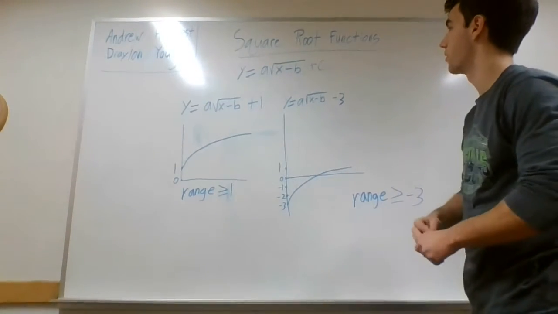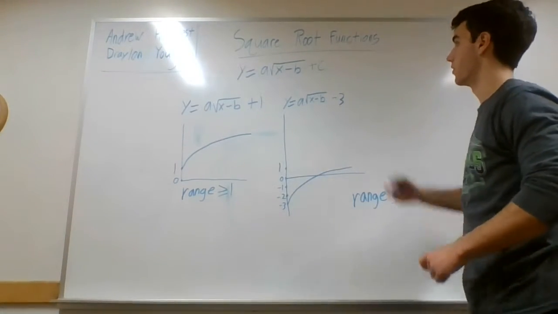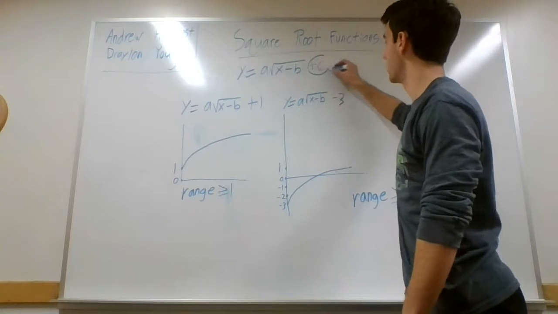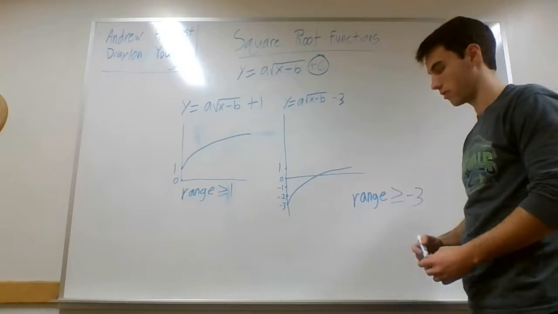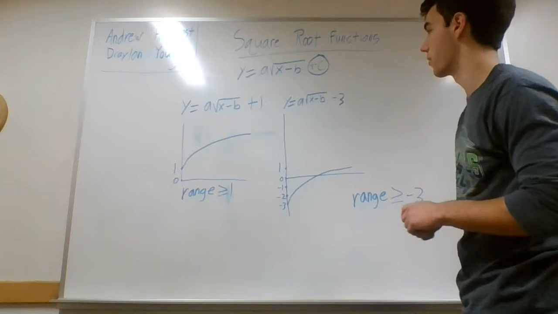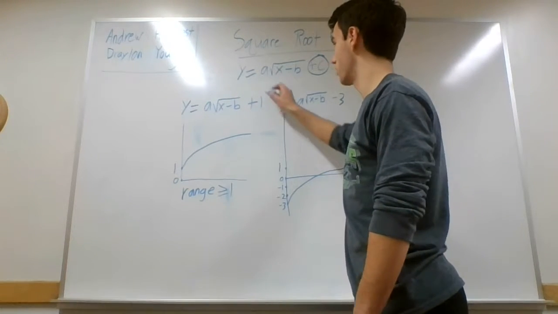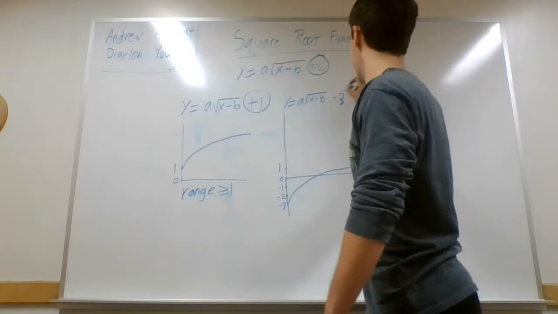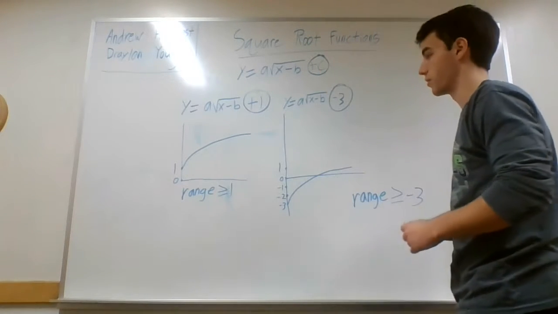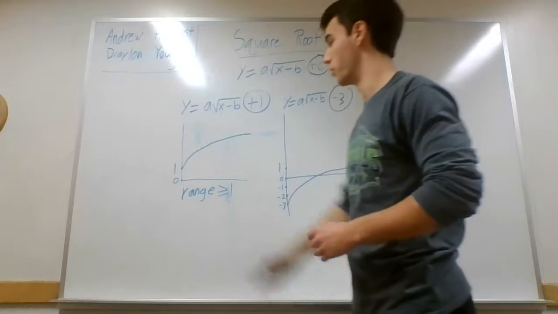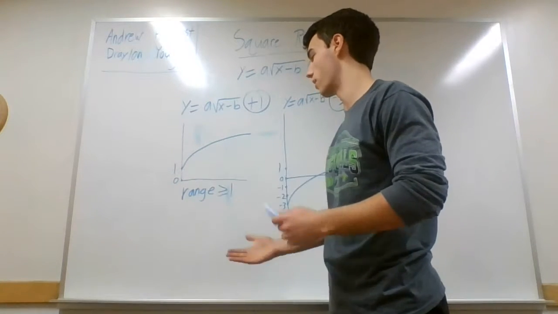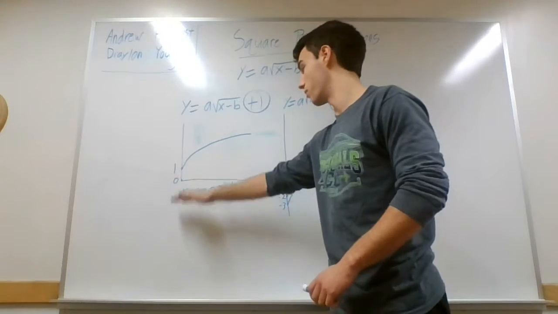Alright, so for this part, we're just going to be focusing on the c of our square root function. And for this part, you're going to be taking note if it's positive or negative. If it's positive, then it'll be moving up, positively, obviously. And if it's negative, then it's going to be moving down.